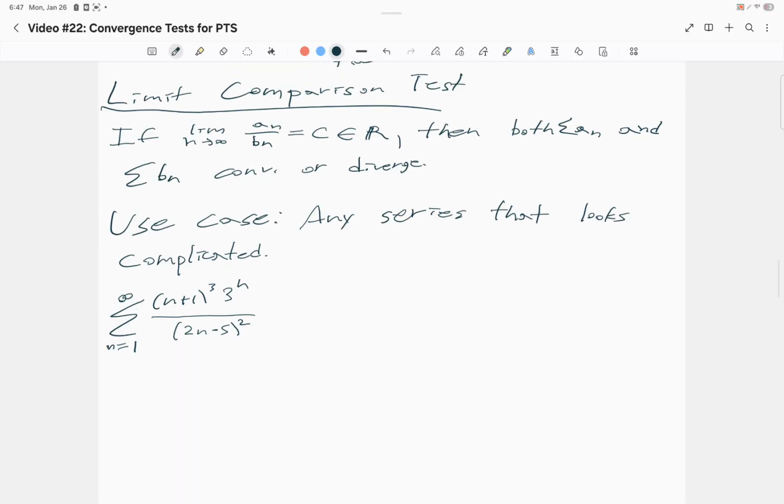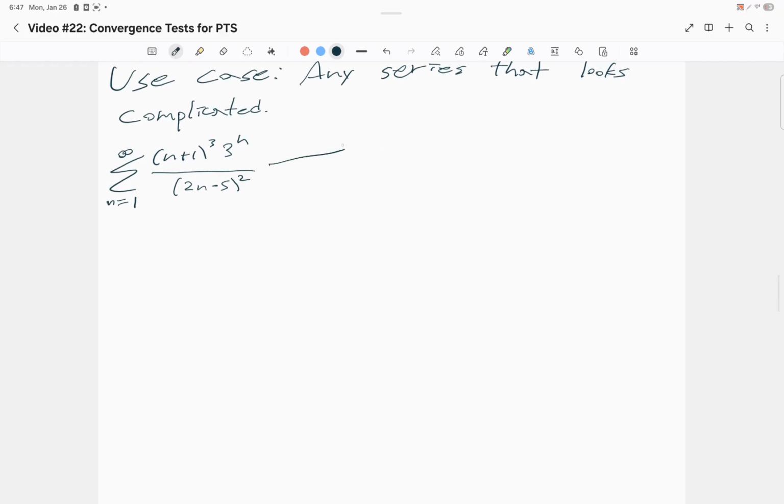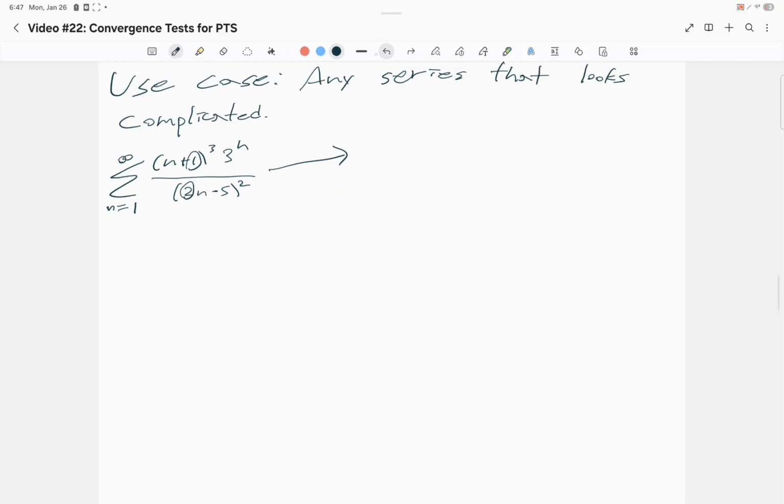So when we build our b of n, we want to make it as simple as possible, and as easy to tell if it's going to converge or diverge. The way I like doing this is we just take our a of n and simplify it as much as humanly possible. So all these 1s, 2s, 5s, get rid of them. They don't matter.